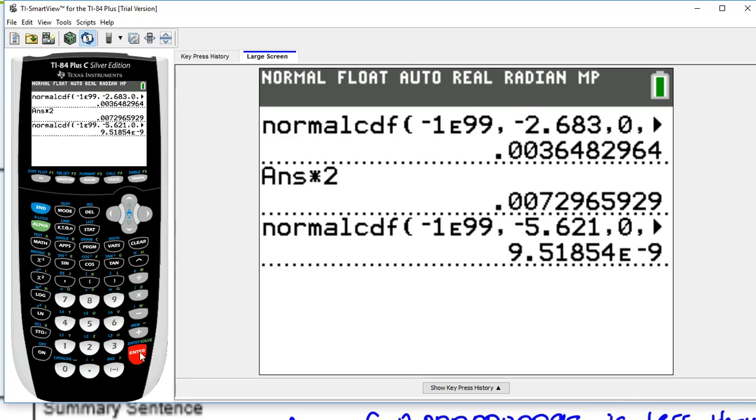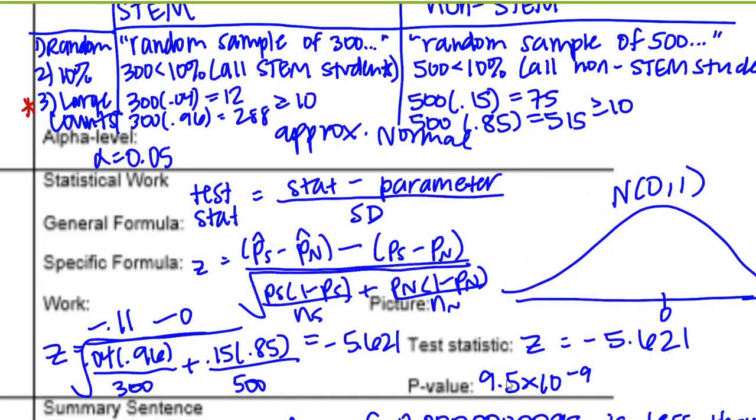And so I got 9.5 times E negative 9. Don't forget about the E negative 9. You'll never get a p-value that's a whole number. So if you get a number larger than 1, then just roll your eyes to the right, look for the E and the negative, and then really that's 9.5 times 10 to the negative 9ths.